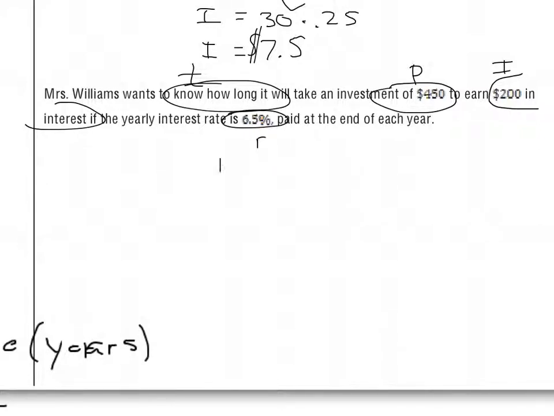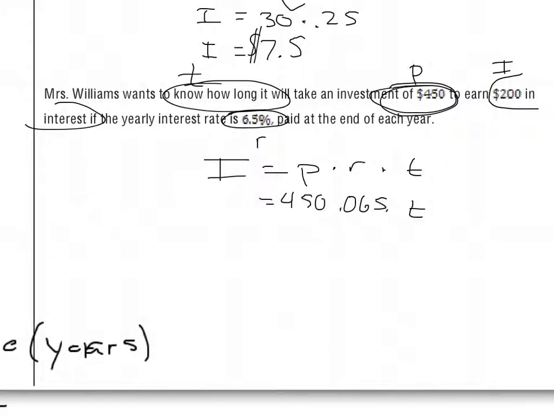So coming down, looking at my equation, I is equal to principal times rate times time. And I'm starting to plug in the information I know. I can see here I don't know t. That's what I'm solving for. My rate is 0.065. My principal investment was $450.